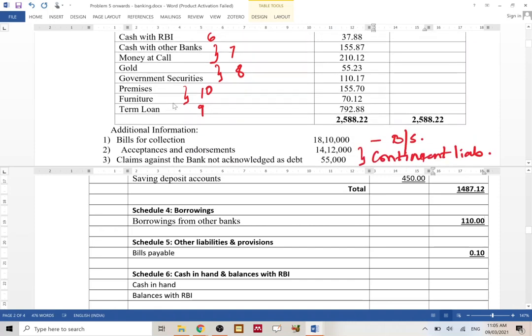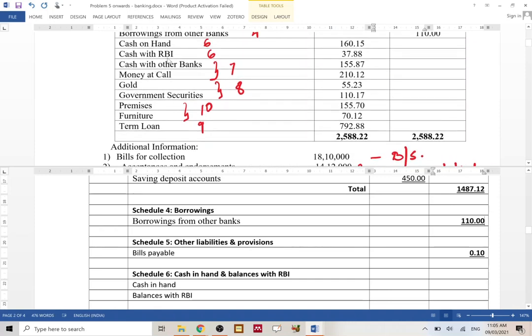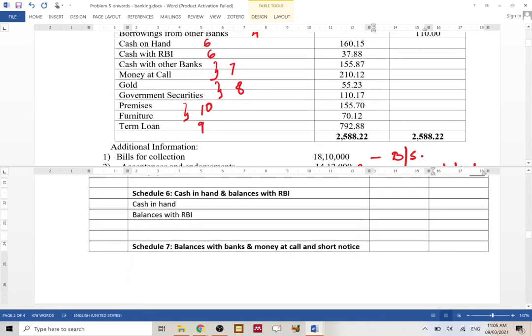Okay. Then cash on hand, cash with RBI, schedule 6, over here. Let's see the amounts: 160.15, and cash with RBI is 37.88.